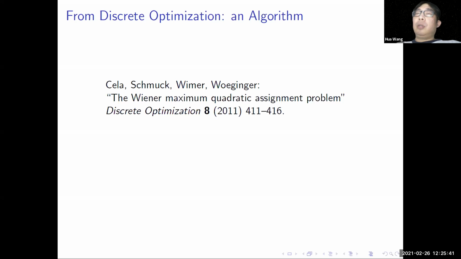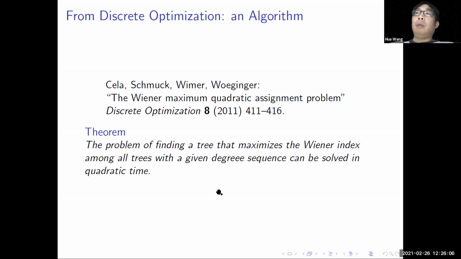And after all this, given that the formula can be represented as a quadratic form and the V property, it turns out that there is a fast algorithm to find the extremal tree under this condition. And this was done by a group of people in discrete optimization. This result was interesting because normally a quadratic assignment problem is NP-hard or NP-complete?